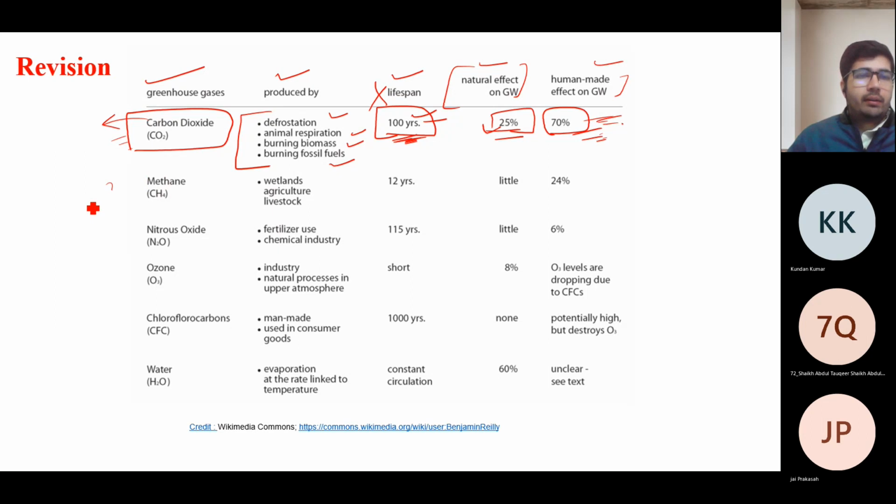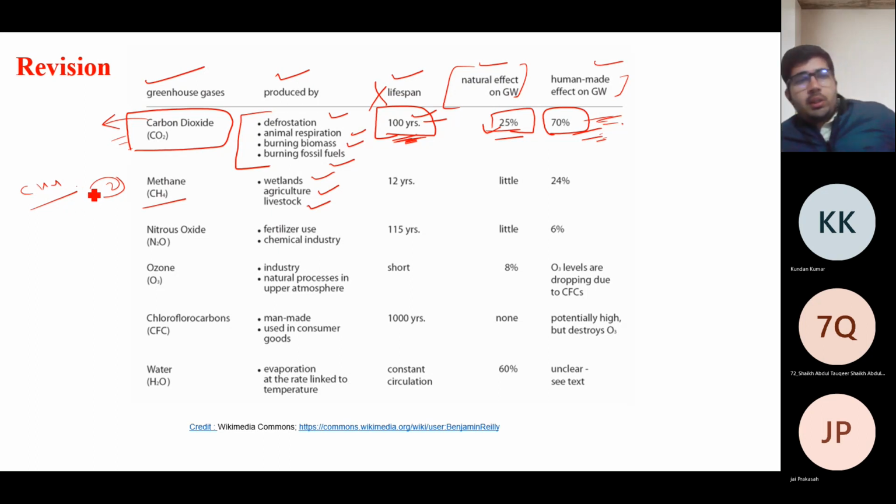So the second one is methane. Methane is also a greenhouse gas. It's produced by wetlands, agriculture, livestock, and industrial flaring also contains CH4. Industries flare some gases from the boiler and other processes, so the flare contains some amount of CH4.